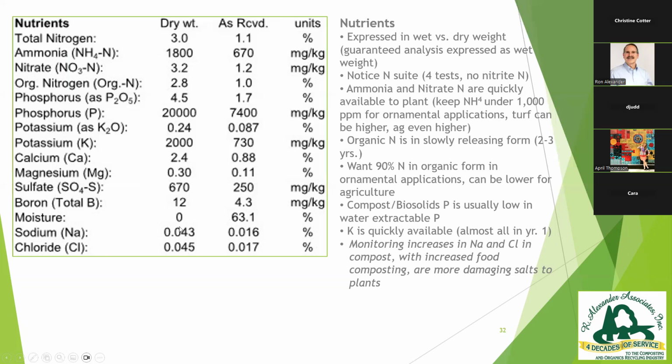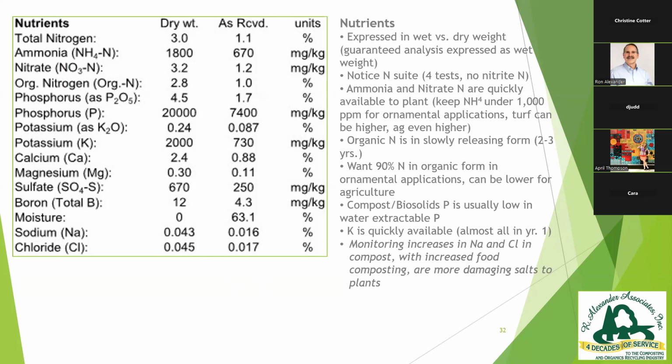And one of the things we're starting to look at now, so I'm 40 years in this industry, if people are familiar with specifying compost, there is more compost being produced with food waste in it. And we're starting to see the sodium and chloride content of some of the products go up. These numbers right here are quite low, but table salt, that sodium and chloride, are very bad salts for plants.